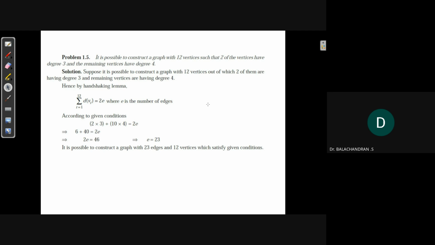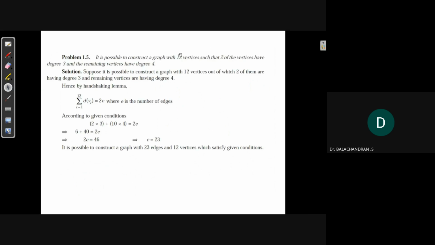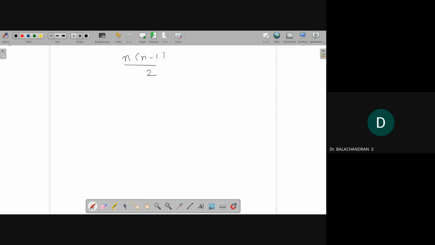So maximum number of edges is what? Suppose if we have n vertices, the maximum number of edges is n into n minus 1 by 2. So here 12 vertices means maximum number of edges is 12 into 11 by 2.